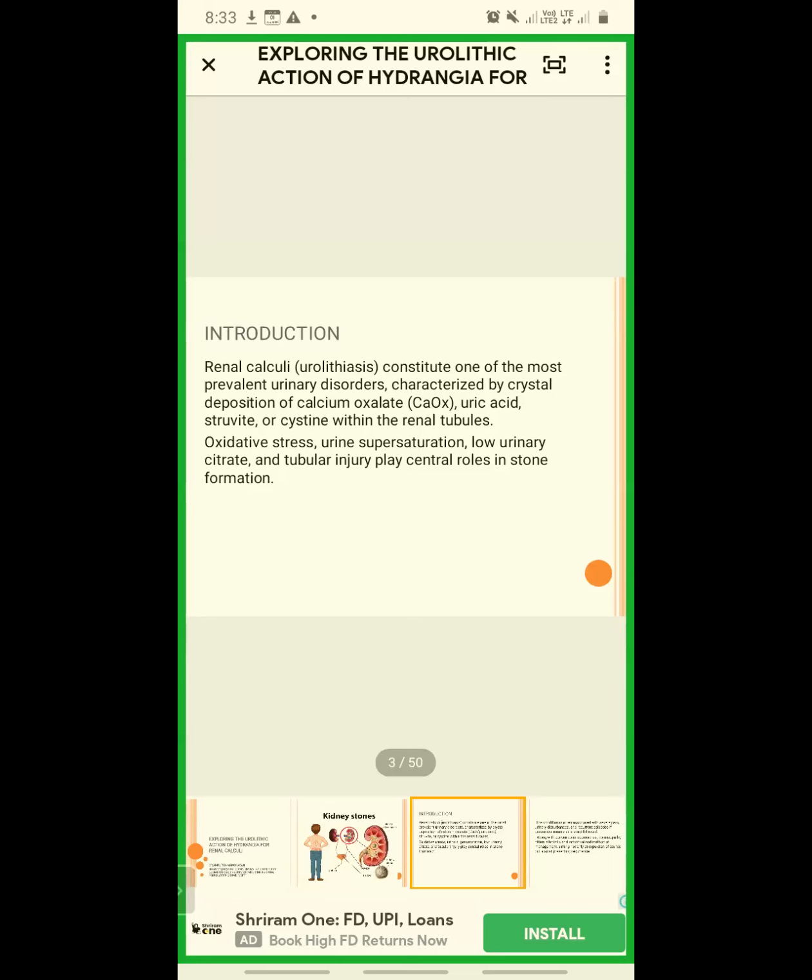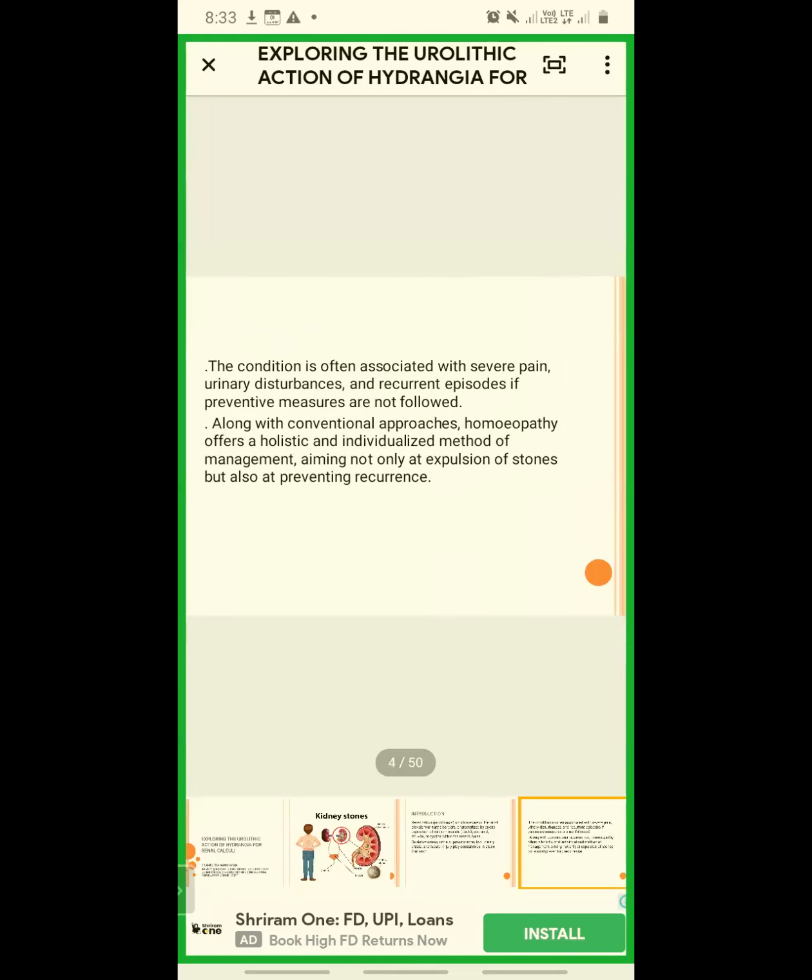Oxidative stress and urine supersaturation, low urine citrate and tubular injury are all factors which trigger the formation of calculus. The condition is often associated with severe pain, urinary disturbance, and recurrent episodes.